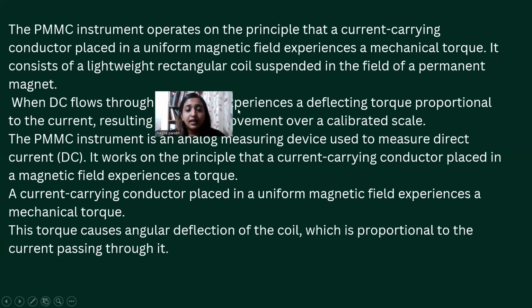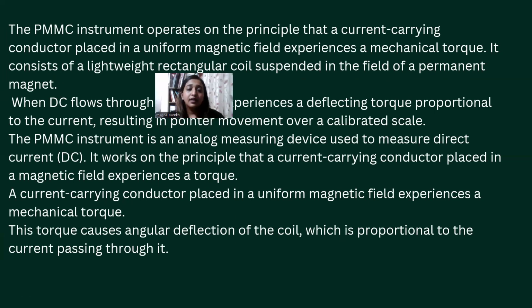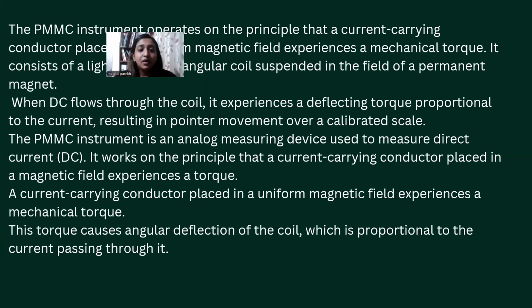Now let's understand the PMMC instrument. It operates on the principle that a current carrying conductor placed in a uniform magnetic field experiences mechanical torque. We have seen in the definition of deflecting torque, it consists of a lightweight rectangular coil suspended in the field of a permanent magnet. When DC flows through the coil, it experiences a deflection torque proportional to the current, resulting in pointer movement over a calibrated scale.